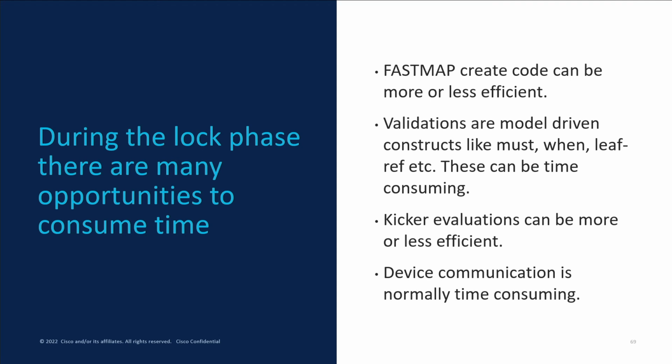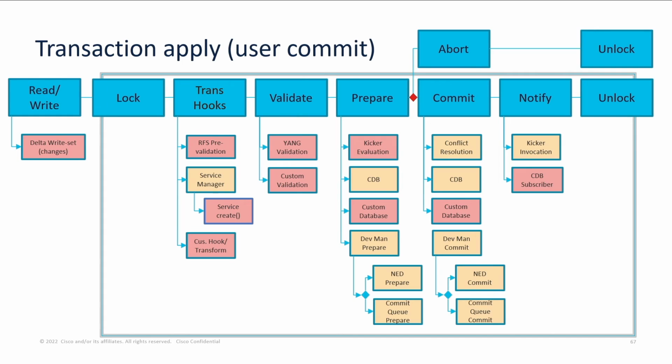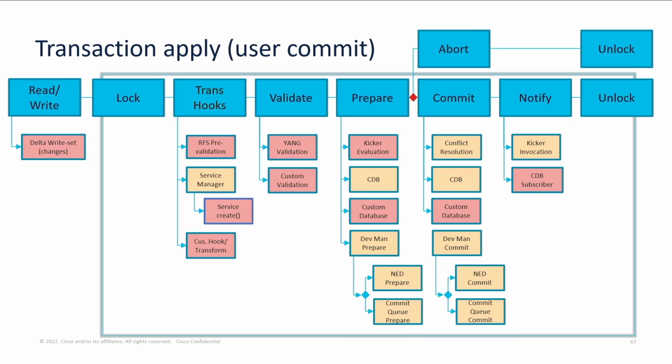So the problem is that, as you saw, there were a couple of red boxes. This is where the programmer or user is allowed in to do things which affect the performance or the time spent.